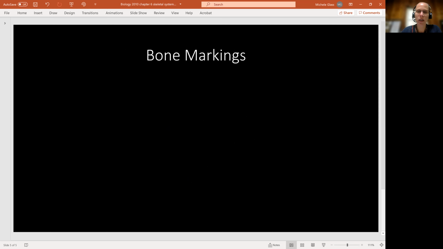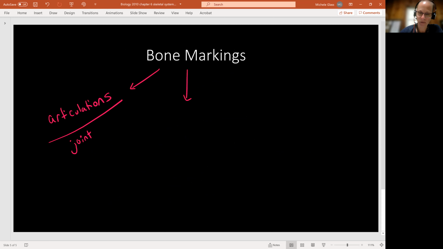The last little thing to talk about are bone markings, and really this is covered more as part of our lab work. So we're going to see that bone markings are significant because they indicate places of articulation, and articulation is talking about where bones join to bones. So that's essentially a joint.